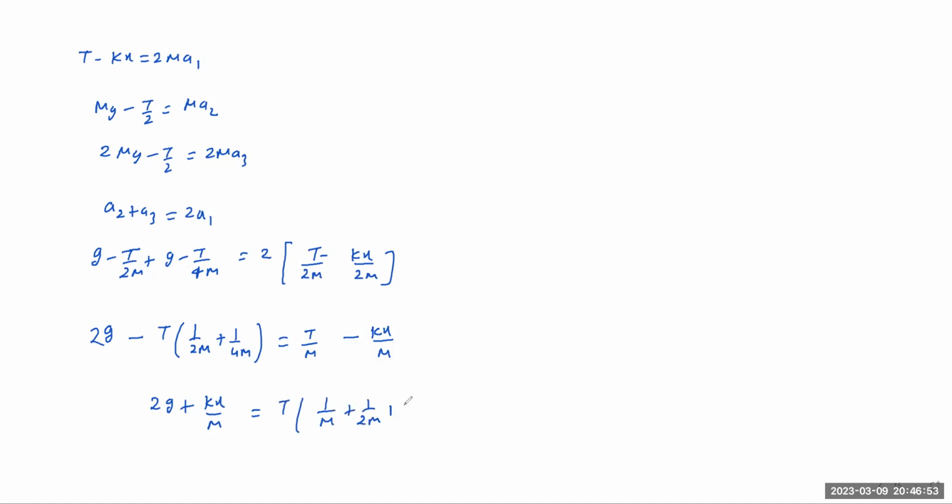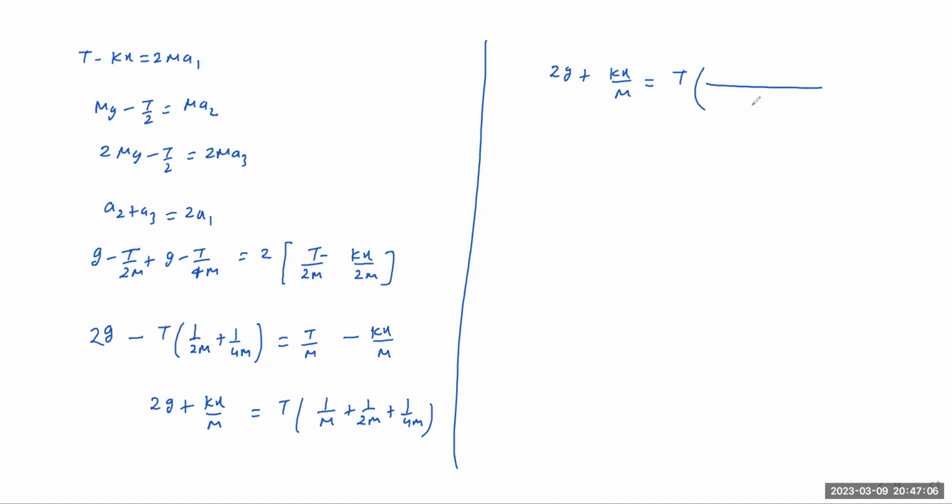Yes. So 2g plus Kx by M is T times, and M, 2M for M, the LCM is 4M. Oh, that's correct.